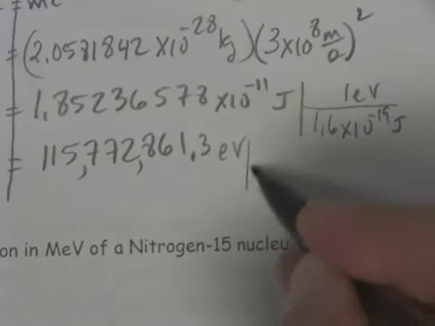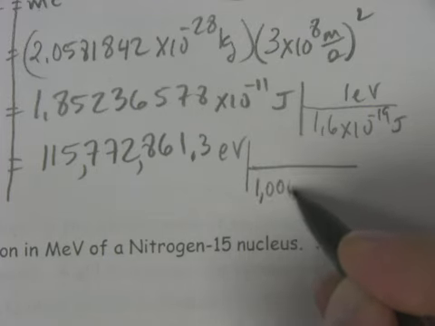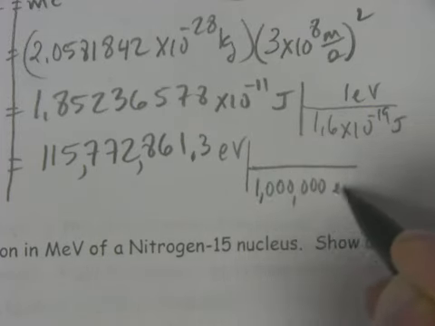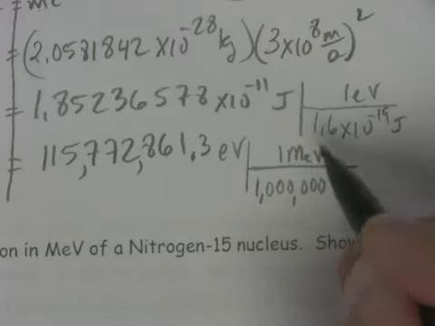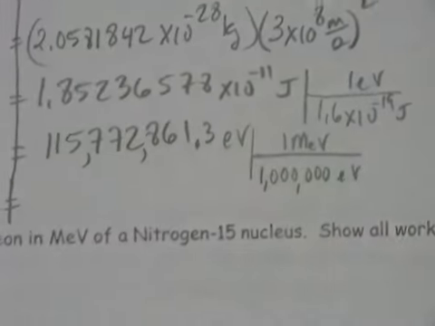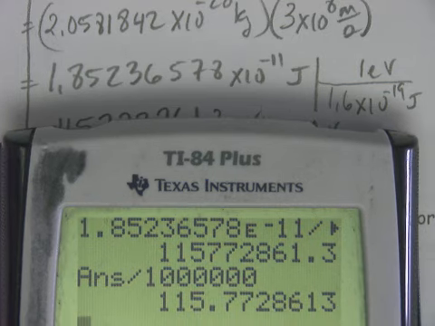Then I'm going to convert from electron volts to mega electron volts, and we know from the previous page that there are 1,000,000 electron volts in 1 mega electron volt. So I'm just going to take the number that I have and divide by 1,000,000. And I get 115.77.